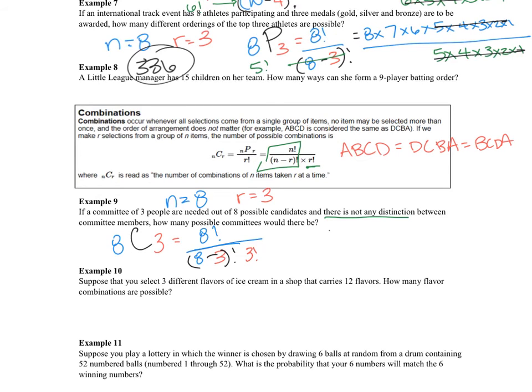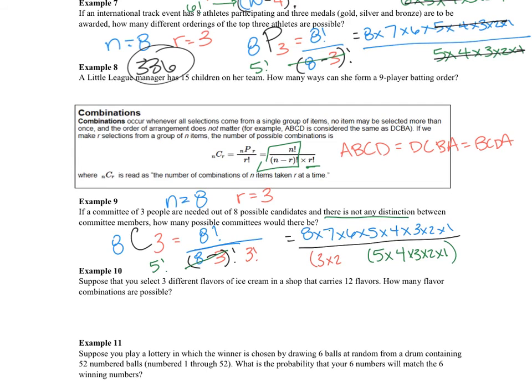So that means that this is equal to, at the top you have 8 times 7 times 6 times 5 times 4 times 3 times 2 times 1. And at the bottom, you have 2 sets of factorials. 8 minus 3 is 5, so 5 factorial, which is 5 times 4 times 3 times 2 times 1. But you also have a second factorial, which 3 factorial is 3 times 2 times 1.